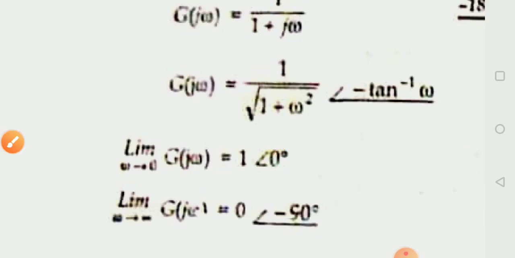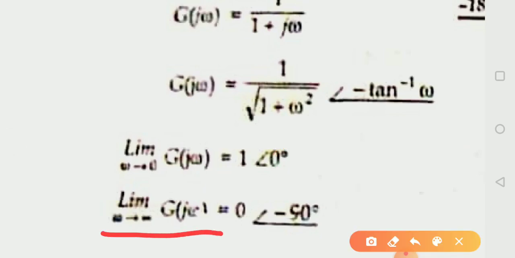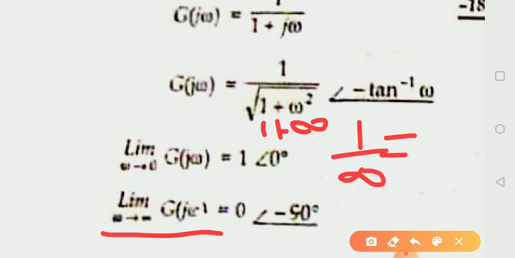And in the same way, we can calculate at omega tends to infinity. When we put infinity in place of omega, it is 1 plus infinity, which means infinity. So the form becomes 1 over infinity, and 1 over infinity is 0.